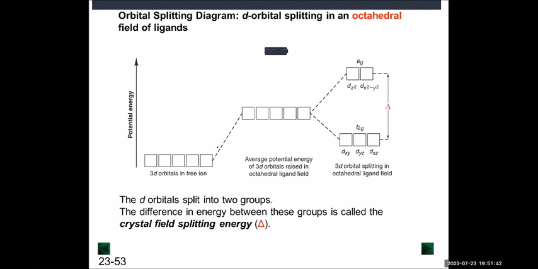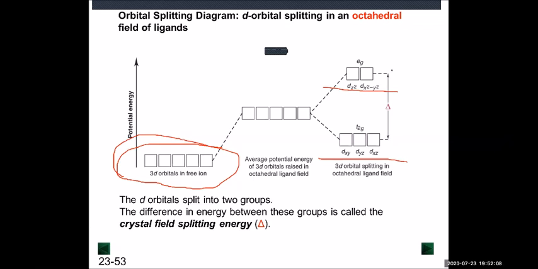So start from the three d orbitals without ligand interaction. These are low energy d orbitals. But with ligand interaction, the repulsive force between ligands and d orbitals causes the d orbital energy to split into the 2 higher level and 3 lower level.